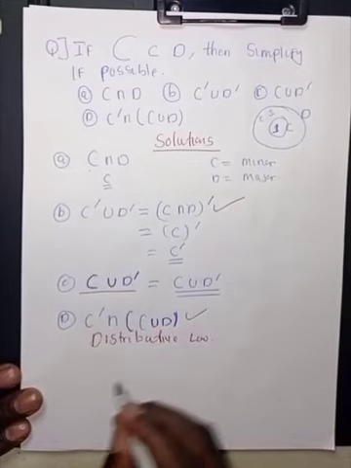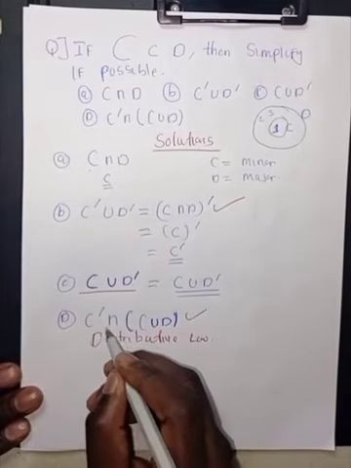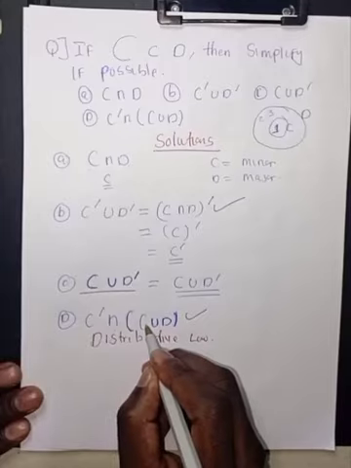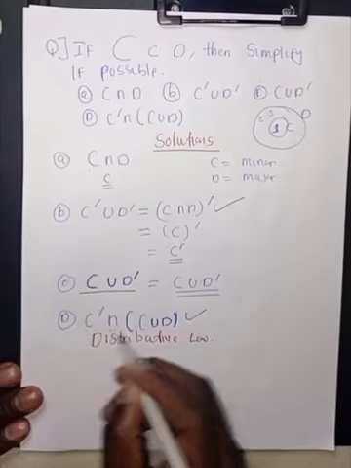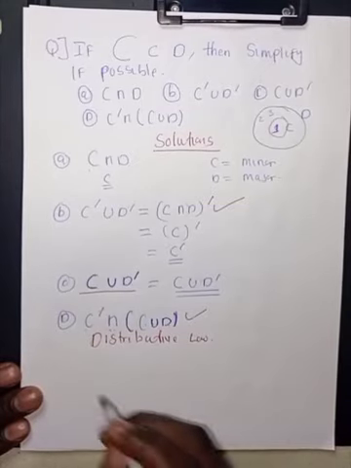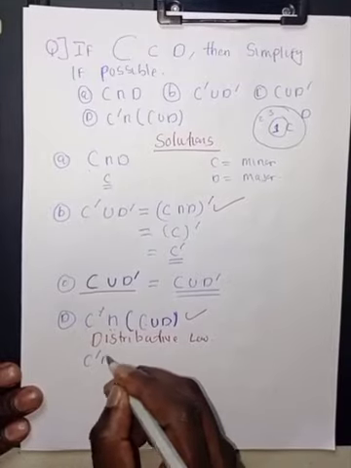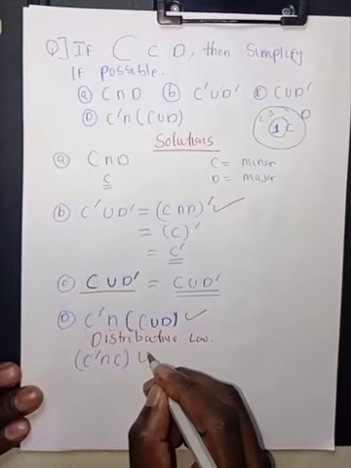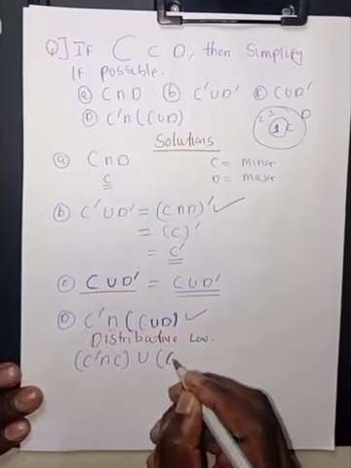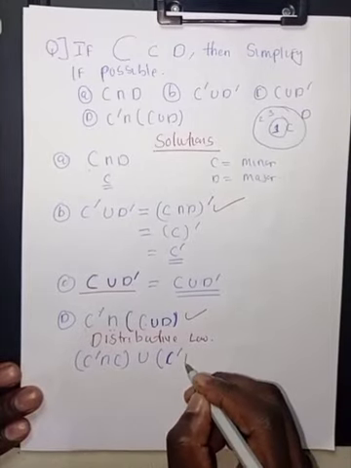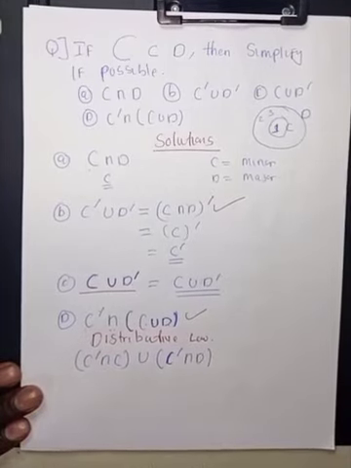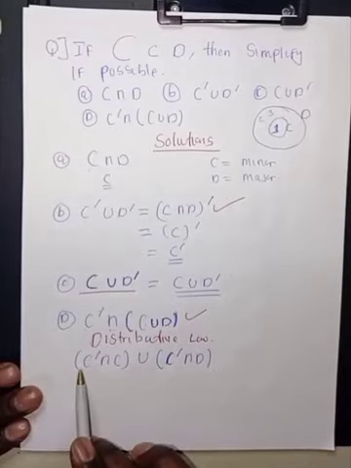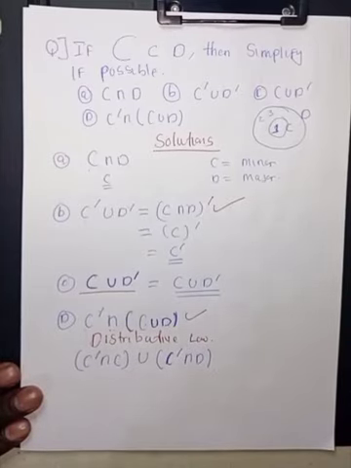The distributive law works from here, where C complement intersection goes with C, and again C complement intersection goes with set D. So we get C complement intersection C, the separating symbol is union, then C complement intersection D. What is C complement intersection C?